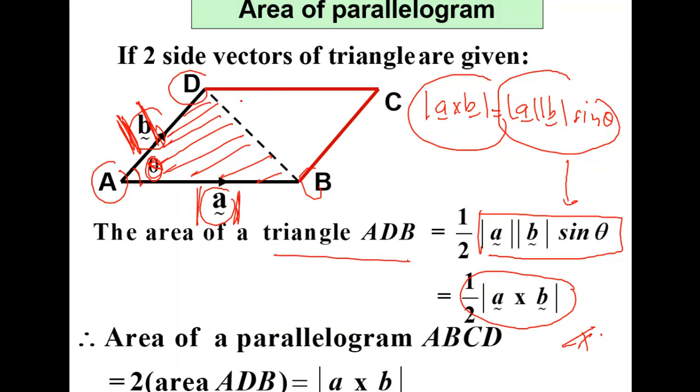So for the area of the parallelogram, we multiply by 2. Parallelogram ABCD: 2 times the area of ABD is the area of the parallelogram ABCD.